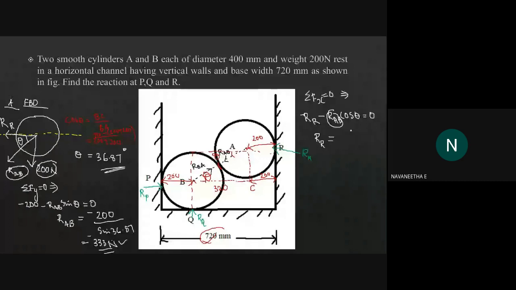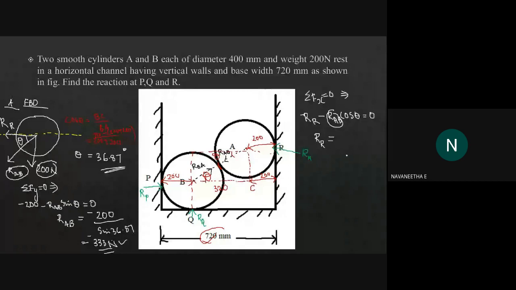Okay. So what is the value of RR? Do it fast, okay? What is the value? RR value. RAB cos theta.